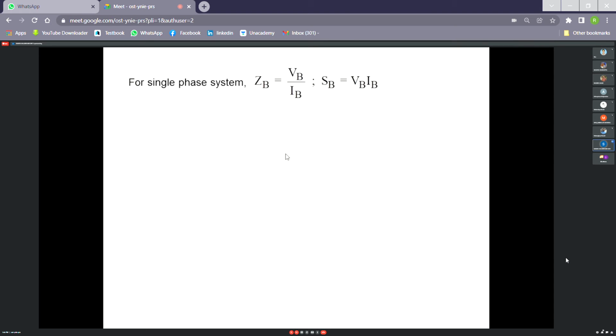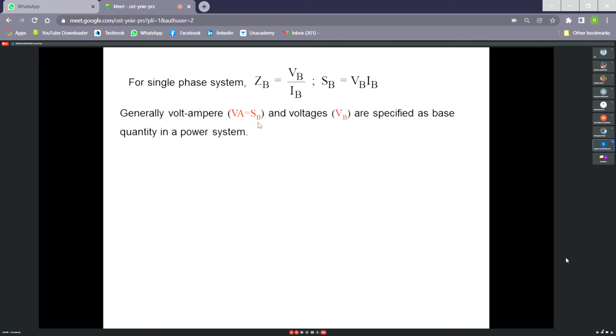If we know the voltage and MVA only, then from there we can calculate the current or Z, right? So for that reason, the MVA or volt ampere and voltage are generally specified quantities in a power system, maybe in three phase, maybe in single phase.